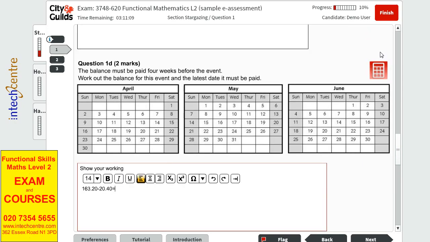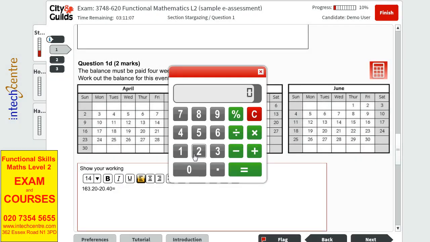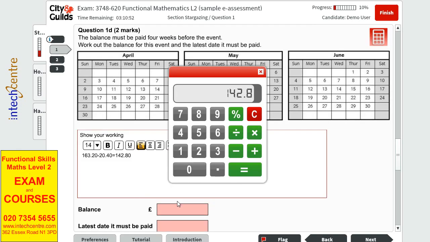Again, we'll use the calculator. 163.20 minus 20.40, and the balance is 142.80 pence. 142.80.